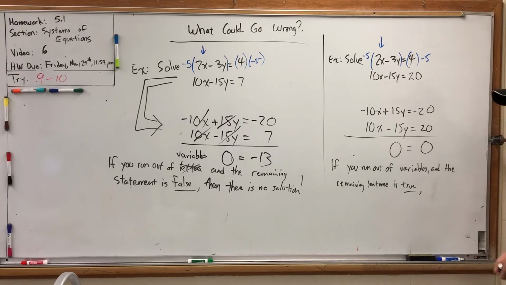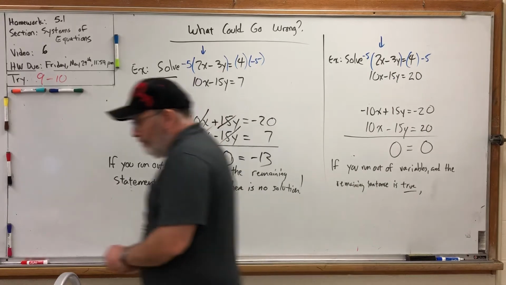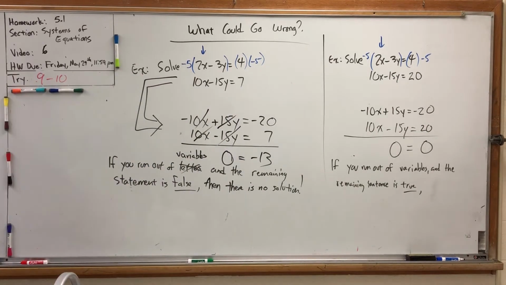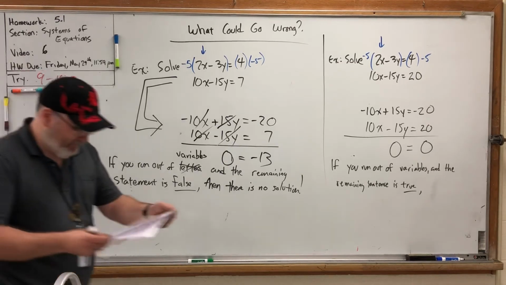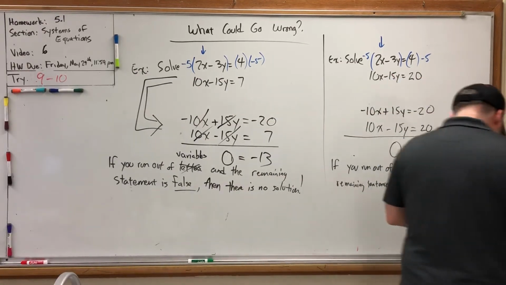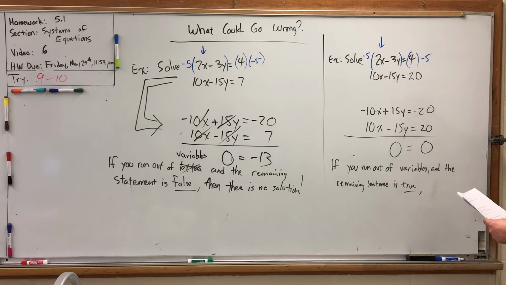Well, we're not just going to say there's an infinite number of solutions, we're actually going to describe them. And the way we're going to describe the infinite number of solutions, and actually in the homework they provide this for you, but I'm going to show you how it's described.